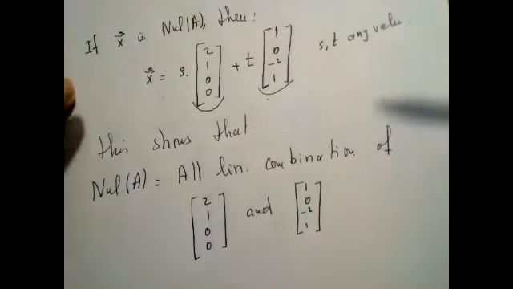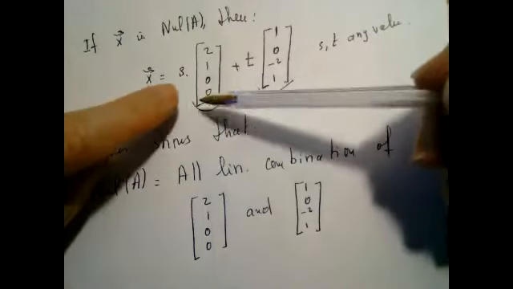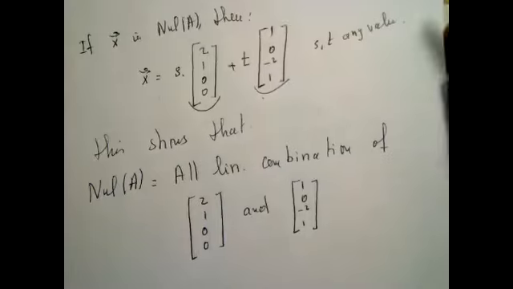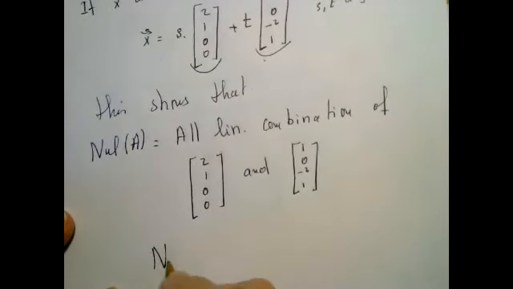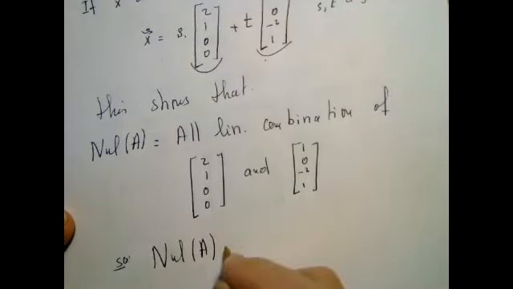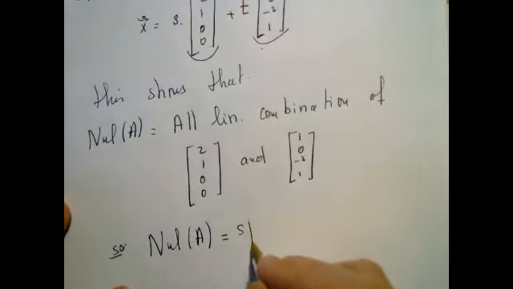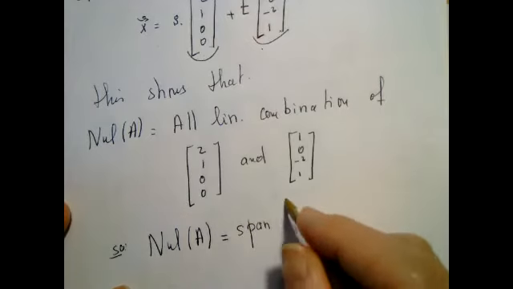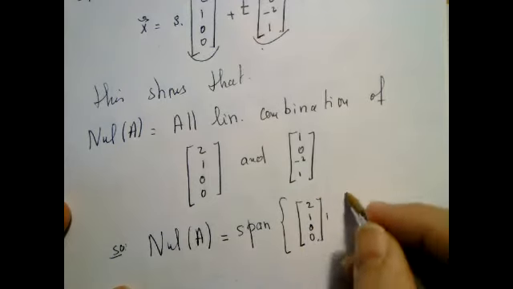It means every solution of the system Ax equal to 0 is a combination of those two vectors. So in the language of linear algebra, the null space is nothing more than the span of those two vectors.